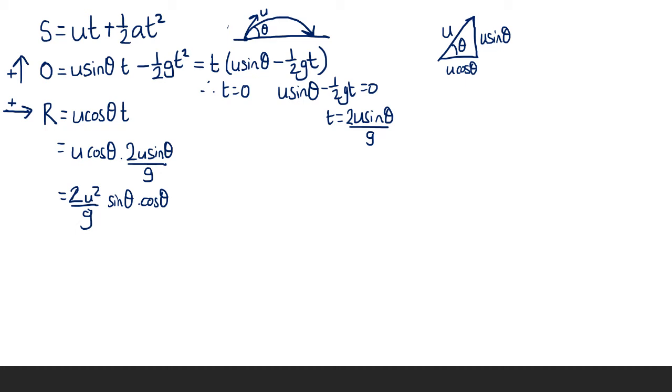So we know the double angle formula, 2 sine theta cos theta is the same as sine of 2 theta. So we're going to use that there. So we can see we've got a 2 and we've got sine theta cos theta. So we're going to replace that by just sine of 2 theta.